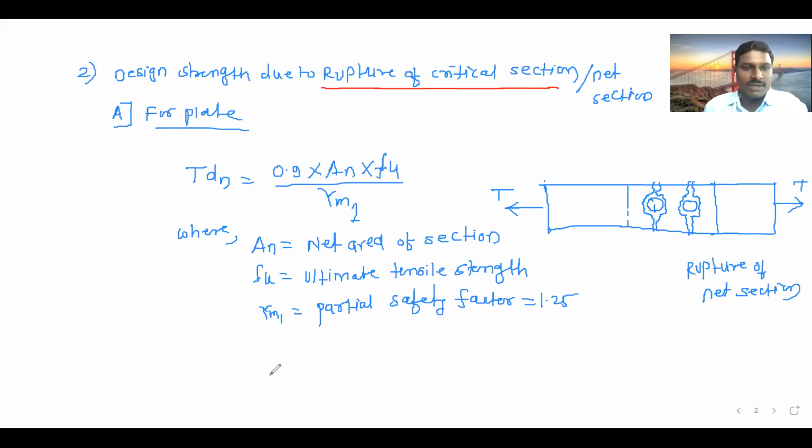That is very important. AN we can calculate for plate. AN is equal to (B minus N into DH) into T.